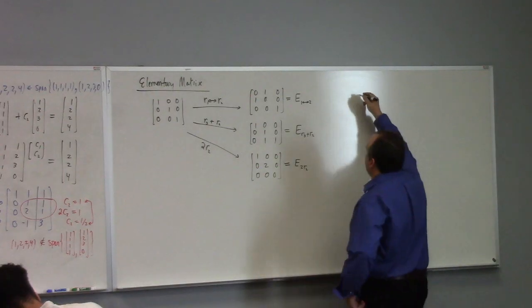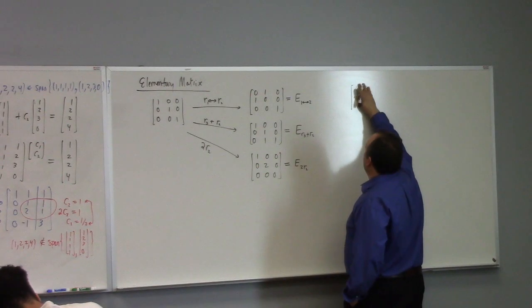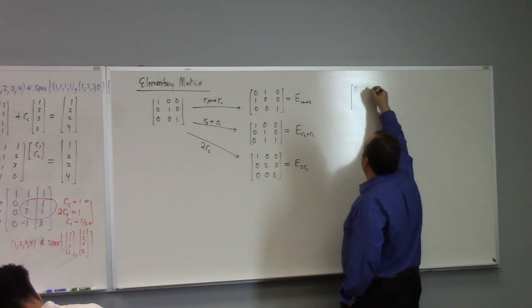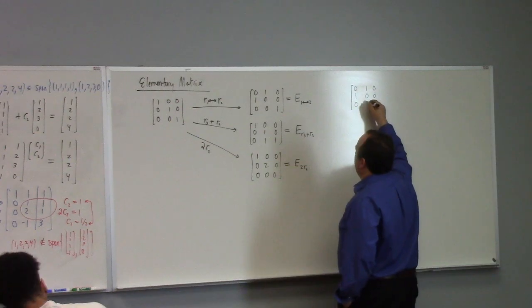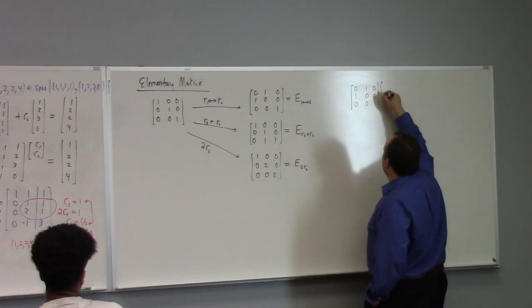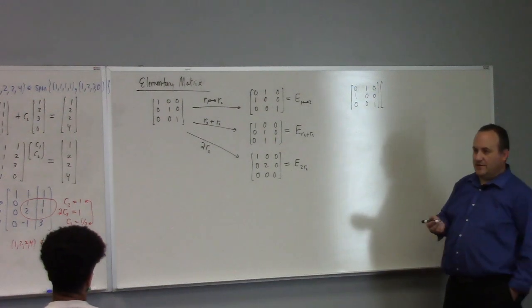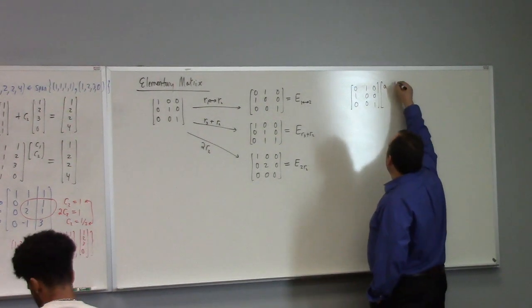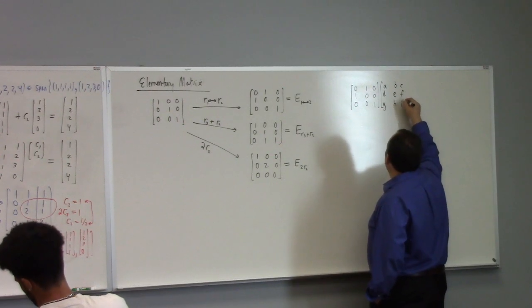So what happens if I take the flipperoo one here and multiply it by a generic 3 by 3 matrix? Let's call it A, B, C, D, E, F, G, H, I.